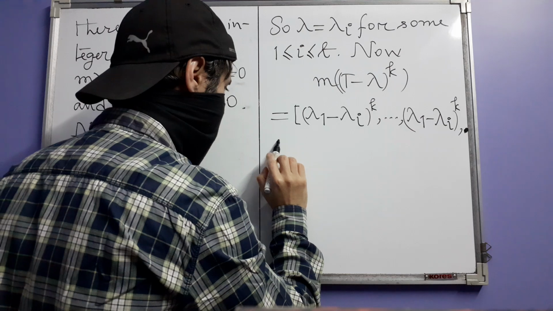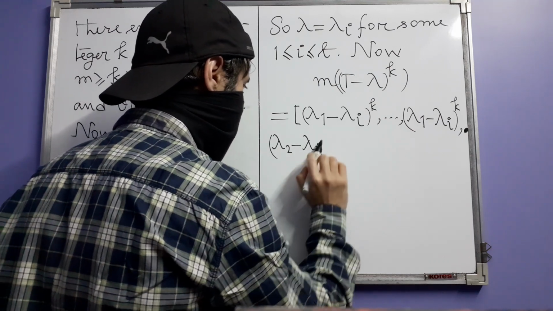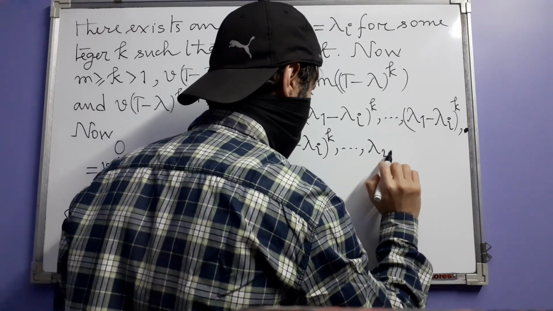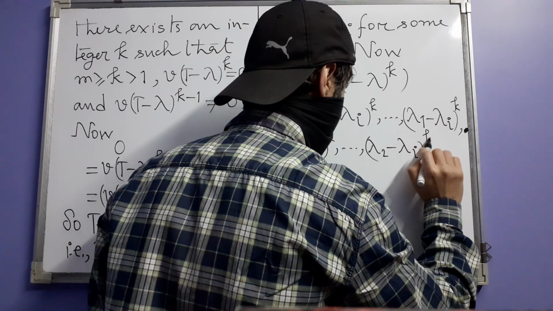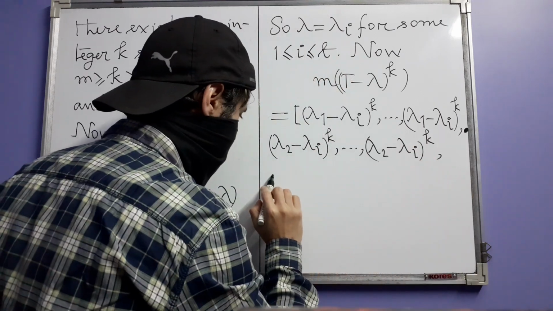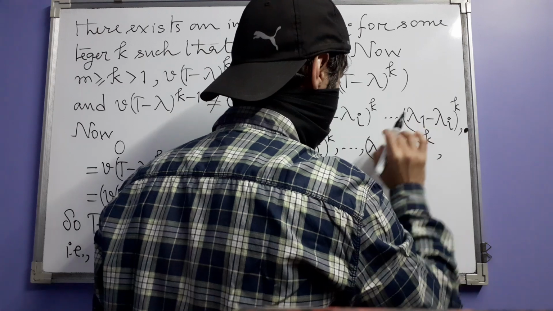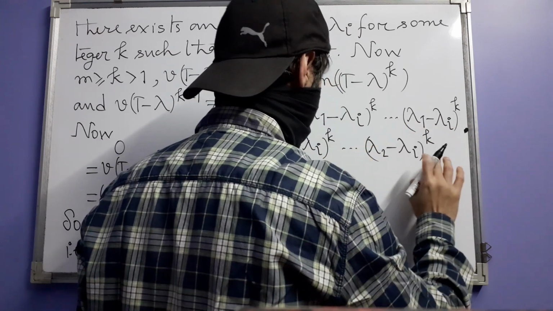Then lambda 2 and like that. I just made one small mistake. We do not have commas here because it's a matrix.